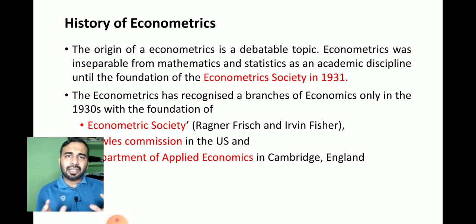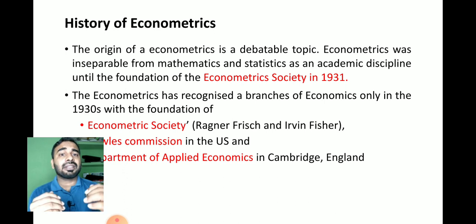Basically, in the initial period of time, econometrics was inseparable from mathematics and statistics as an academic discipline. In the beginning itself, we could not recognize which is econometrics, which is statistics and which is mathematics. But in 1931, Ragnar Frisch and Irving Fisher, you might have heard about them, started a new organization called the Econometric Society.